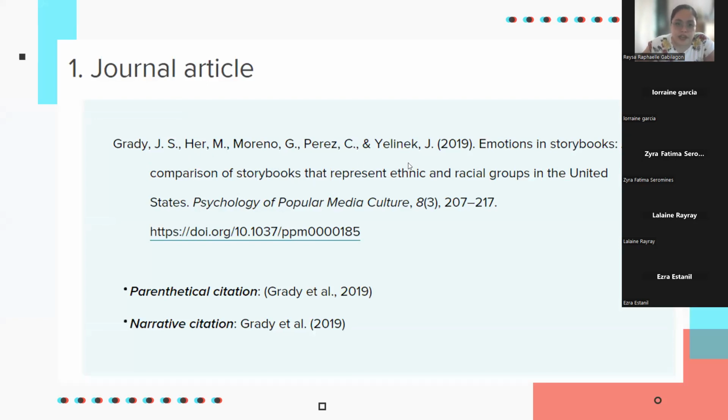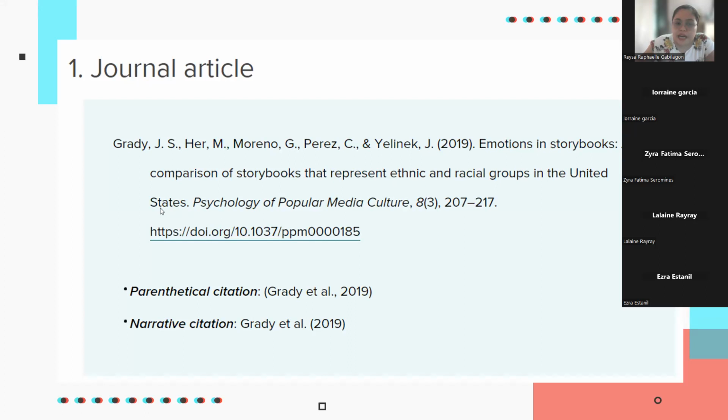You have here the name of the author or the names, starting with the surname followed by the initials. This is a journal article, followed by the year of publication in open and close parentheses, period, and then the title of the article.